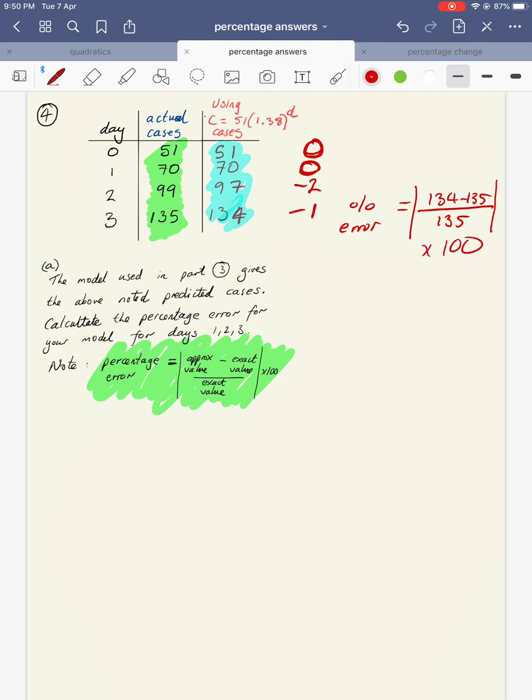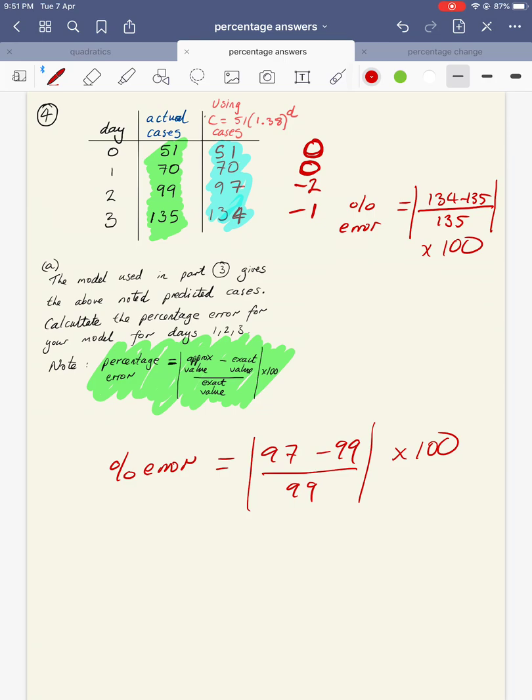And then we do the same with the other one. Percentage error is the 97 minus 99 over 99. Take the absolute value, and then we times by 100. I'm just going to get that out of my calculator now.